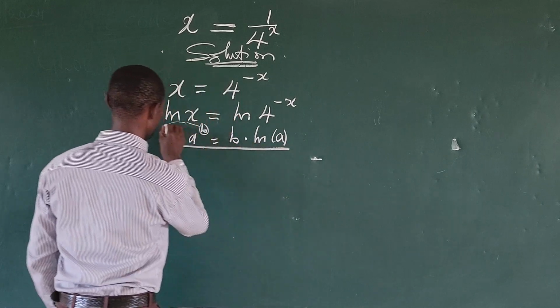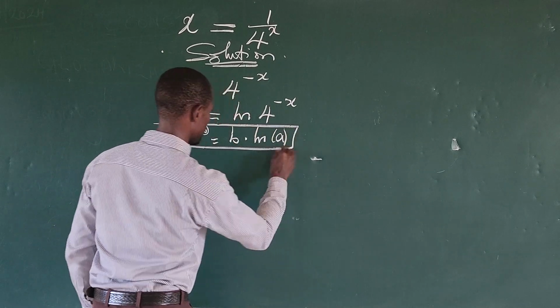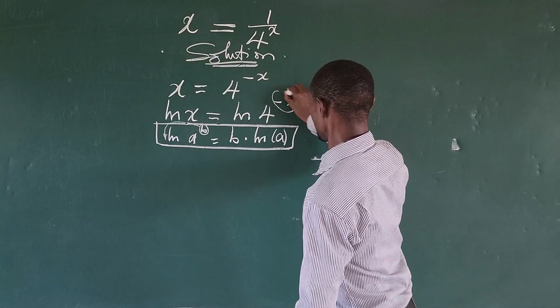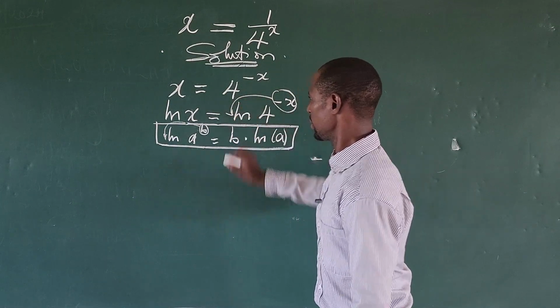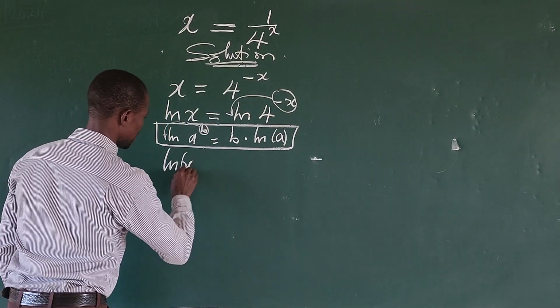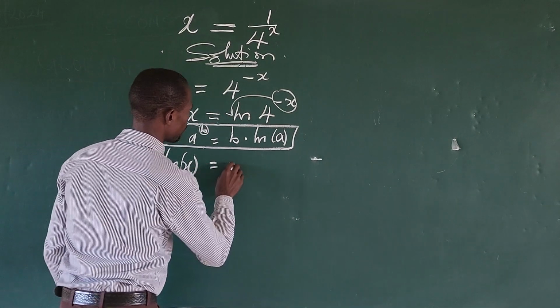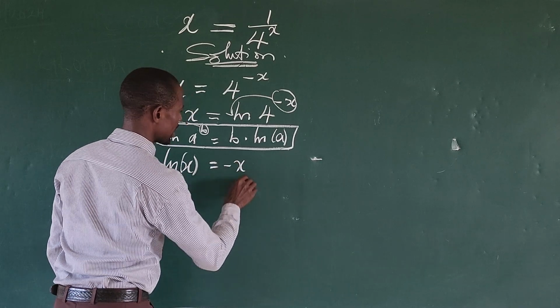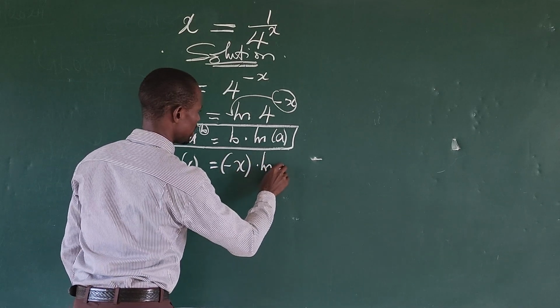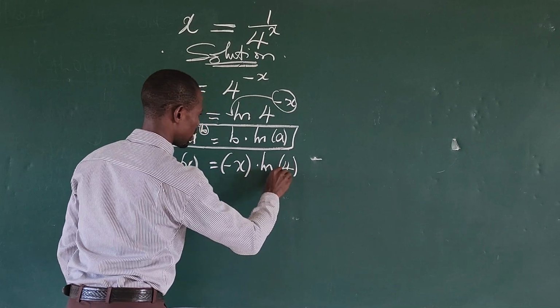So we are going to put this law into use here now. We want to move this exponent here to this side. So this is going to give us ln of x, let's put this in bracket, equal to minus x times ln of 4. Let's put this 4 in bracket.